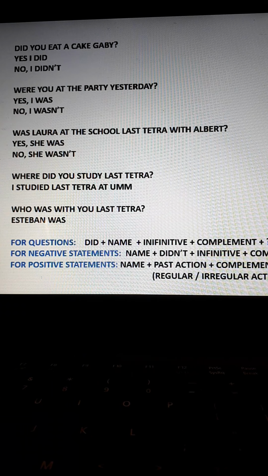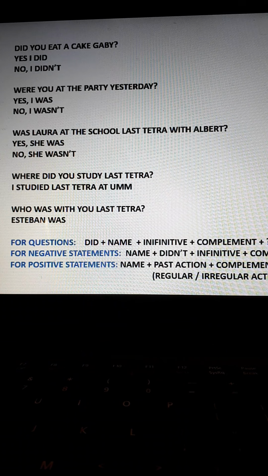Or you just say Priscilla ran in the park yesterday. And it's the same if you say that Fernanda danced tango at the party, or my friends danced salsa at the last party. So regular and irregular actions go with singular and plural names.